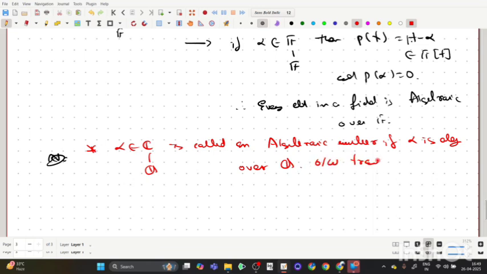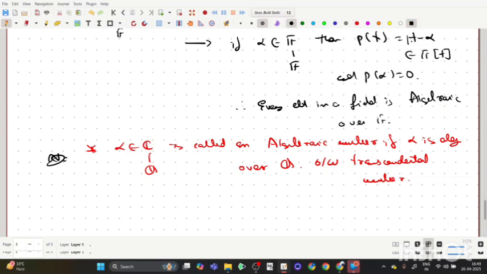They are the same things in different aspects. If I talk about an element being algebraic, then it's a general theory talking over any general field extension. Algebraic numbers are specifically for complex extensions of Q. We'll see later why I'm talking about a complex extension, because it will come out to be unique up to isomorphism. That's a notion for some different lecture.